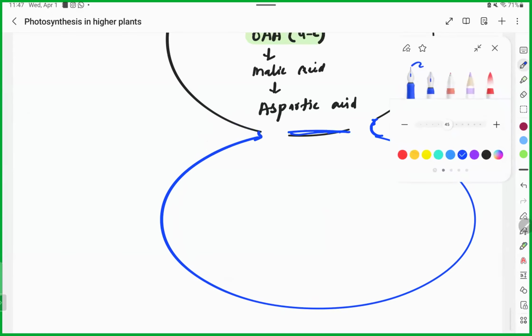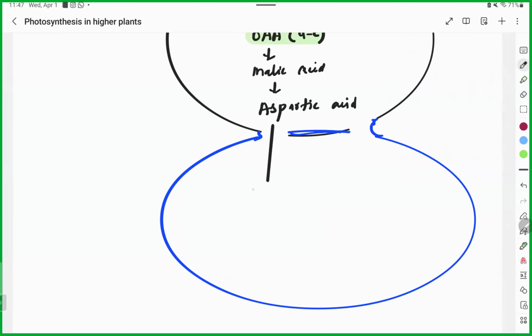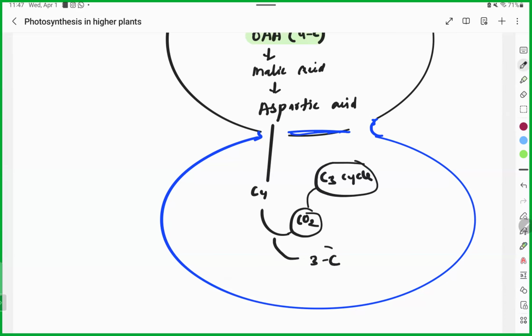So aspartic acid will come here. Decarboxylation happens because you have a four carbon product. So CO2 will be removed. This CO2 undergoes the C3 cycle again, and a three carbon molecule is also produced.